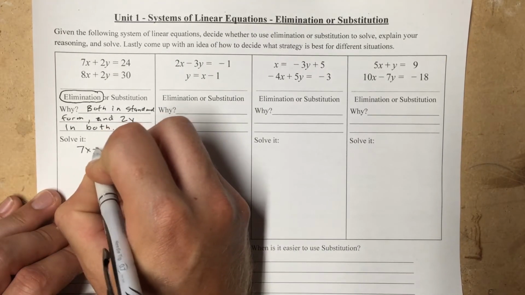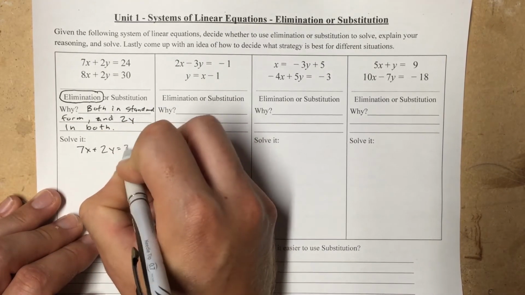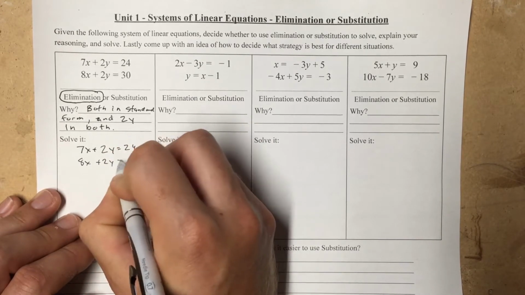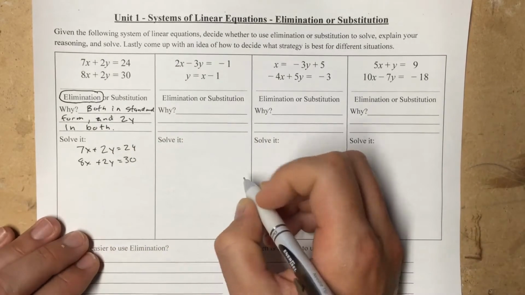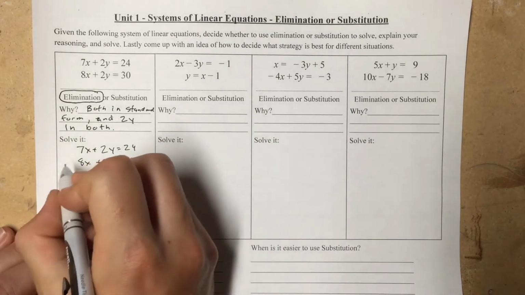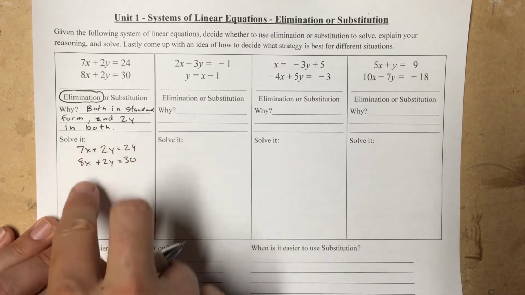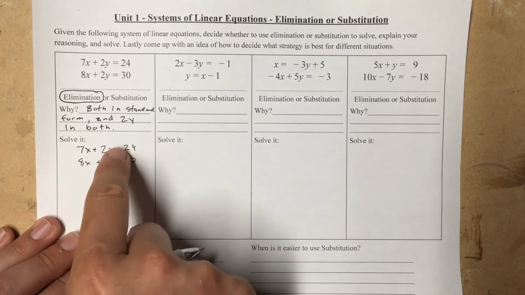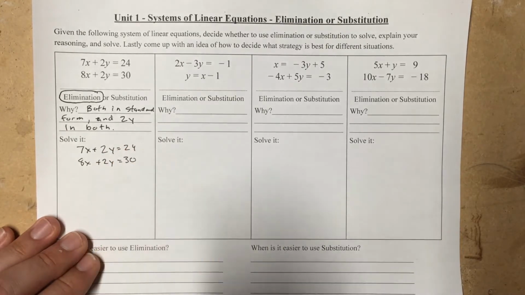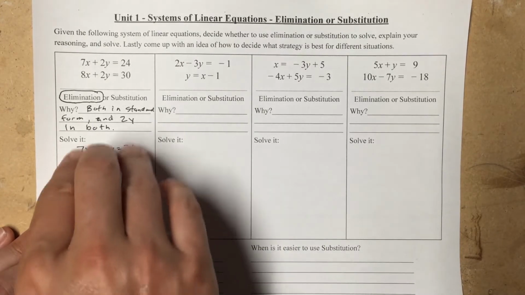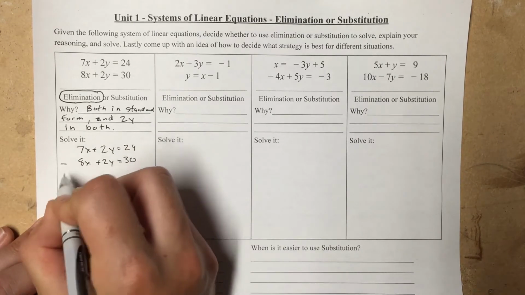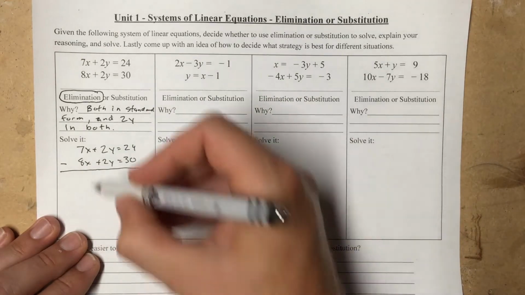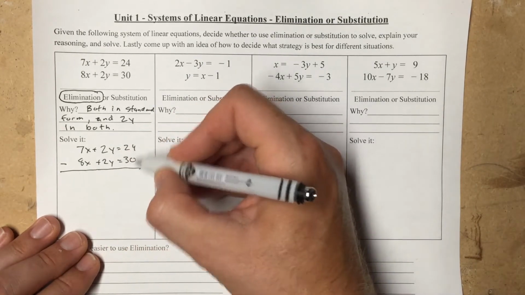We have 7x plus 2y equals 24, and 8x plus 2y equals 30. As we've learned, as long as the variables are lined up, the x variable, the y variable, the equals, and the numbers, with both written in standard form like this, we can subtract this equation from this equation, right down the line.